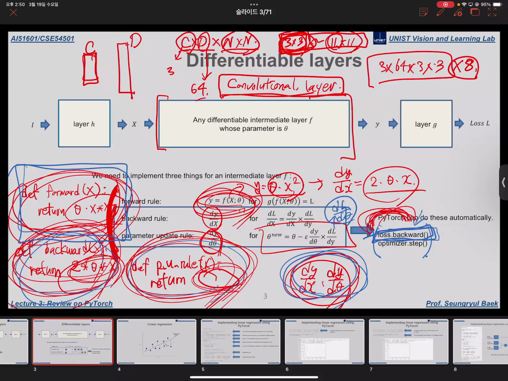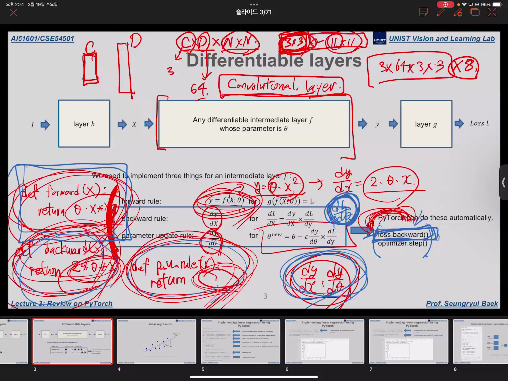When you call this function, for all the layers, their backward rule and parameter update rules are automatically calculated, and then they are multiplied together via the chain rule for each layer, and this dL/dθ is actually calculated.